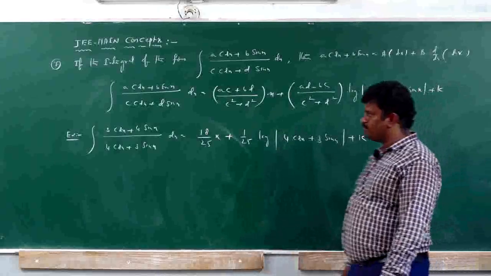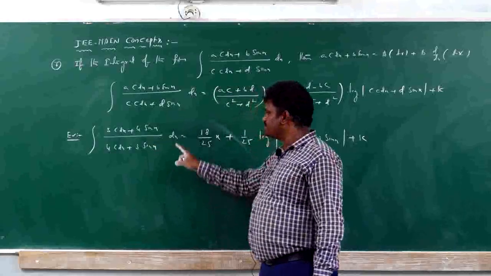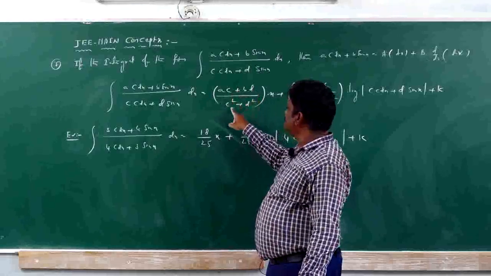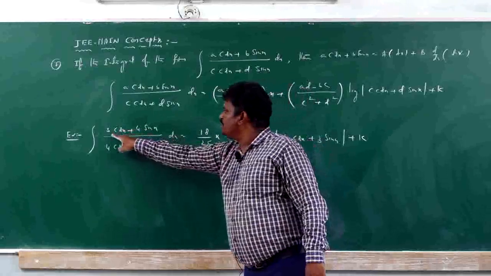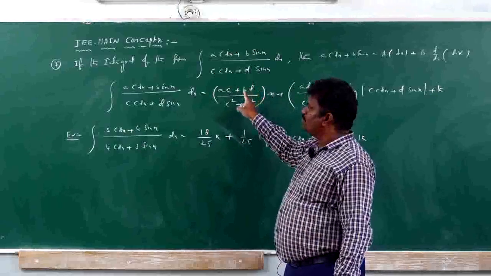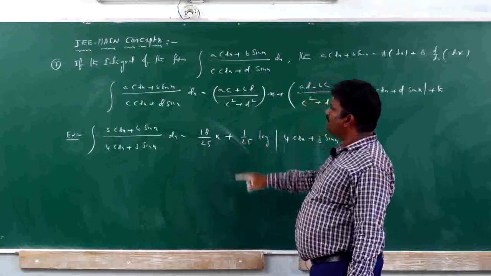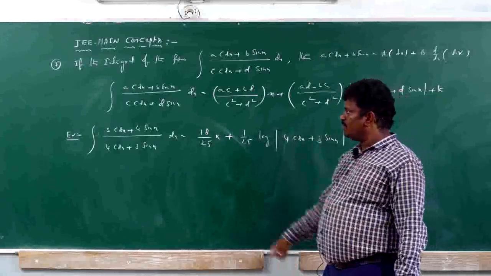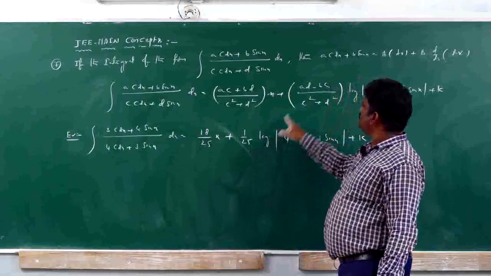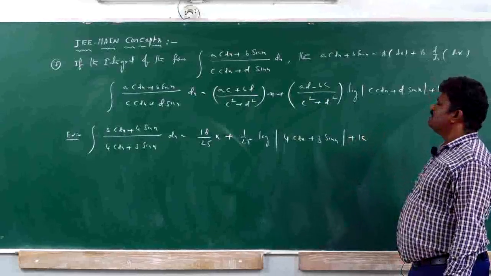For example, integral of (3 cos x plus 4 sin x) by (4 cos x plus 3 sin x) dx. Here ac plus bd by c square plus d square: 3 into 4 is 12, 4 into 3 is 12, so the sum is 12 plus 12, over 25. So the answer is 24 by 25 x plus 1 by 25 into log of the denominator plus k constant.